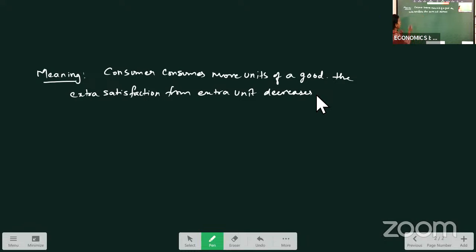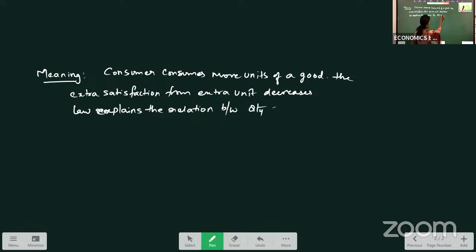And this law explains the relation between quantity consumed and utility derived.